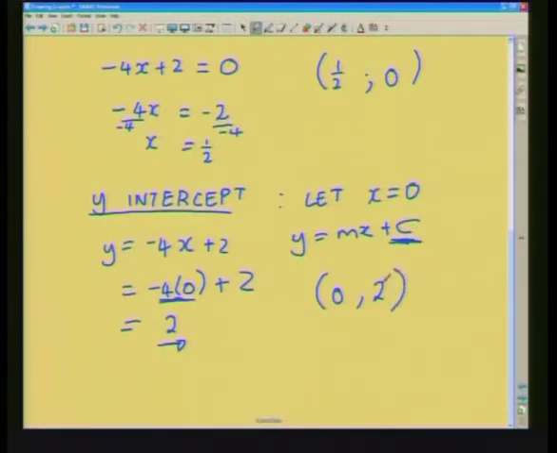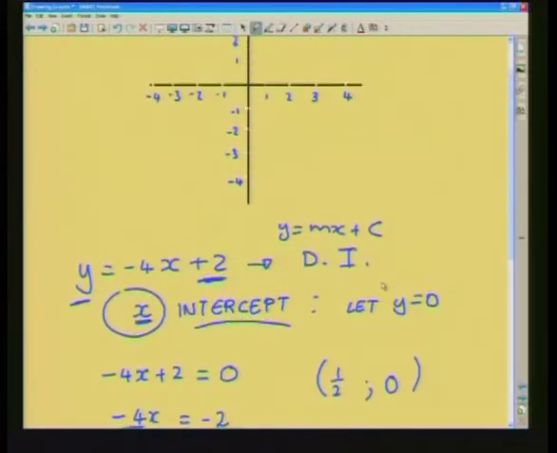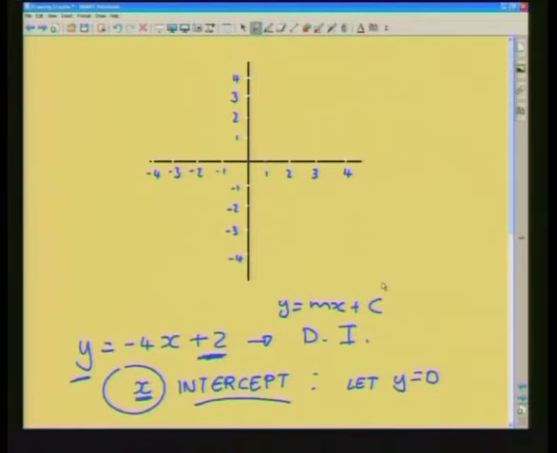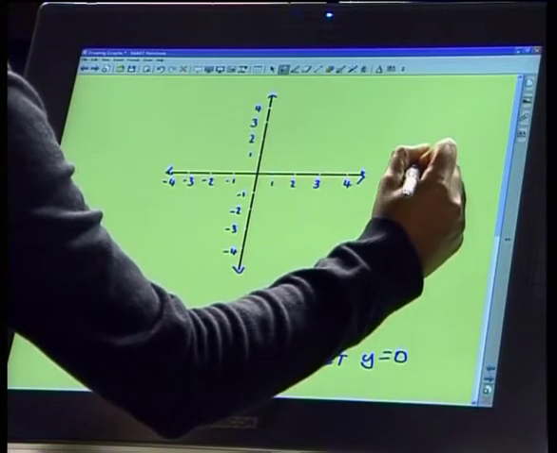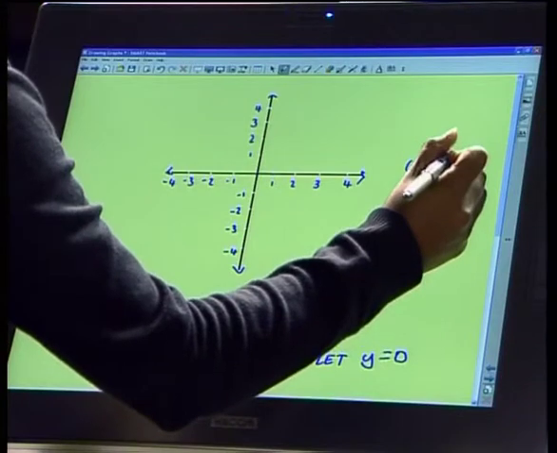Now that we've got these two coordinates, all that's left for us to do is to go to our axis. Again, remember to have arrows at the end of your axes. We go to the axis and we're going to plot. Remember the first one, your x-intercept, x was 1/2 and y was 0.